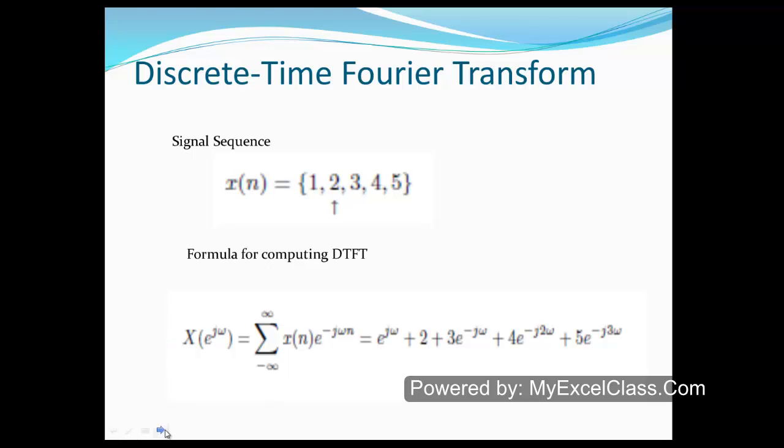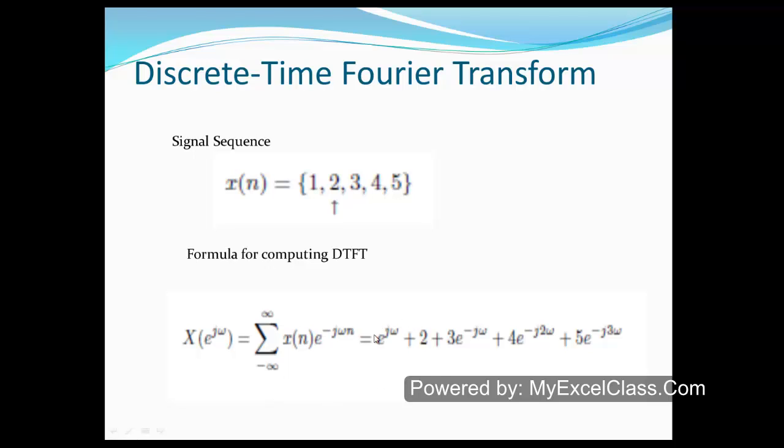So this is the formula for computing the discrete time Fourier transform. You have this sequence of signal 1 2 3 4. The arrow denotes the 0 sample, and this is basically your discrete time Fourier transform.